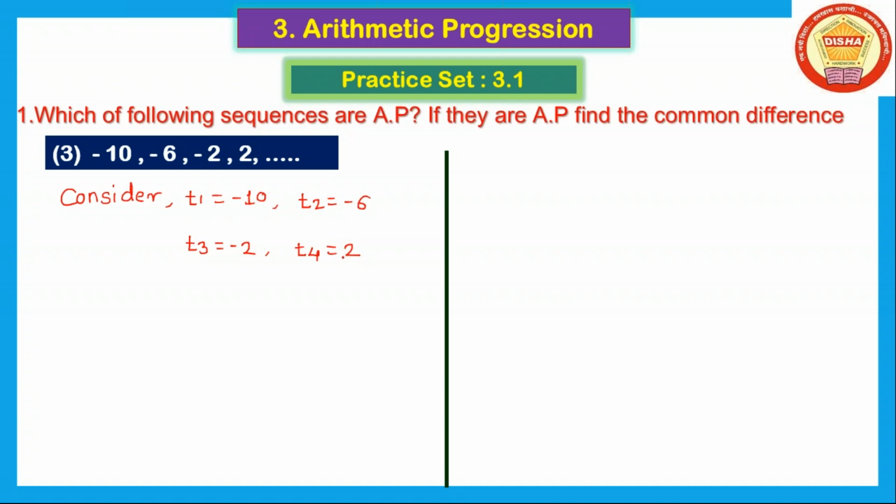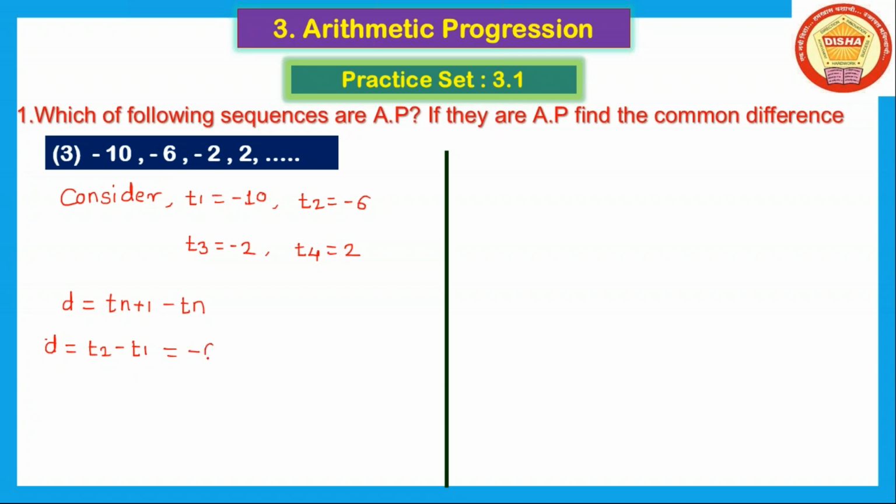Then we find the common difference D. What is the formula for D? D is equal to Tn plus 1 minus Tn. For the first two consecutive terms, D is equal to T2 minus T1. Means first we find the difference between the first two consecutive terms.